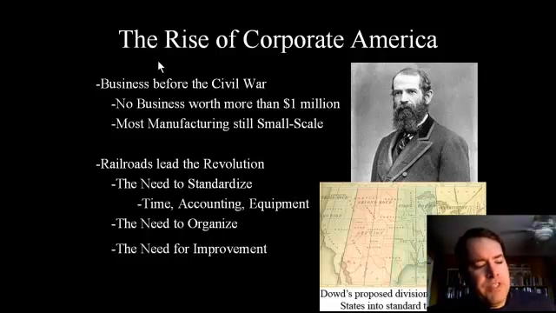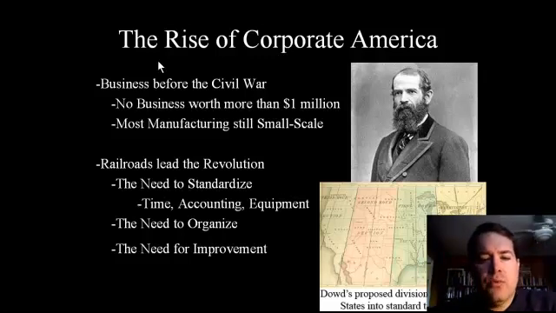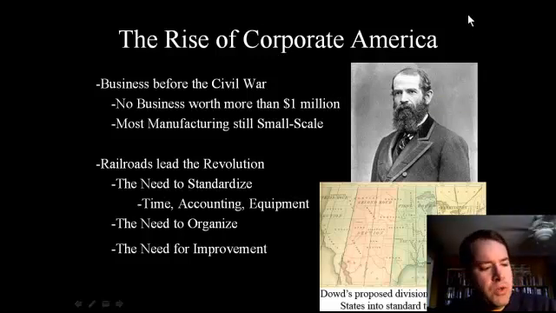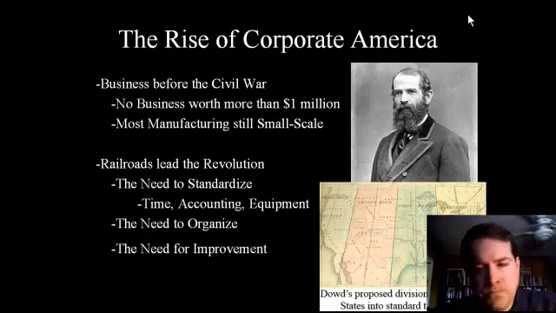And at the forefront of this standardization is the railroad industry. The railroads are the first, what you might call, corporations. They're led by this fellow you see right up here, this fellow with the nice big beard. This is Jay Gould. Jay Gould lived between 1836 and 1892.